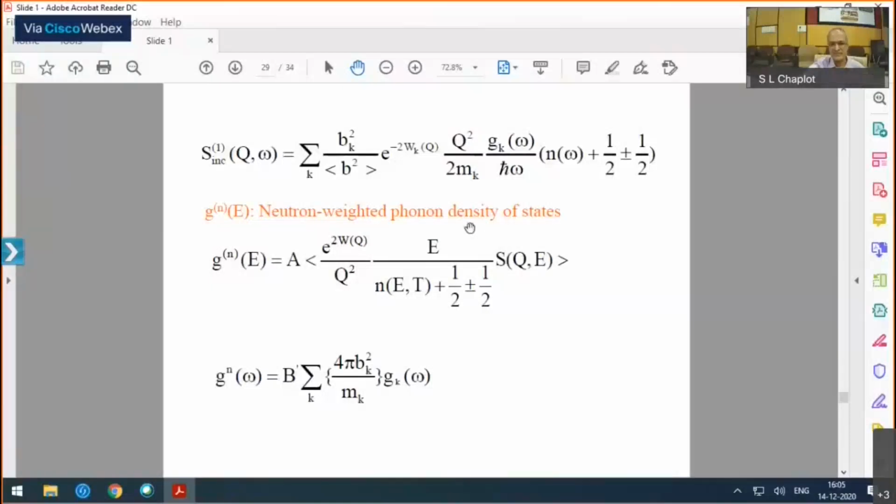But yes, one has to be careful in interpreting it. I would prefer it much better to calculate theoretically and then compare at the level of S(Q, omega), keeping the Debye-Waller factor inside the sum rather than taking out an average value outside. But well, it depends on what is possible. So that's one important thing that is done.